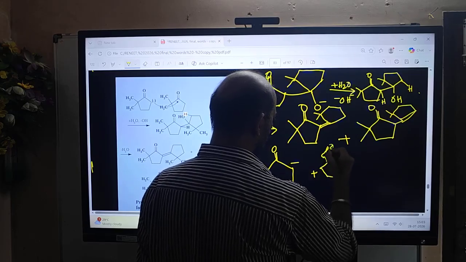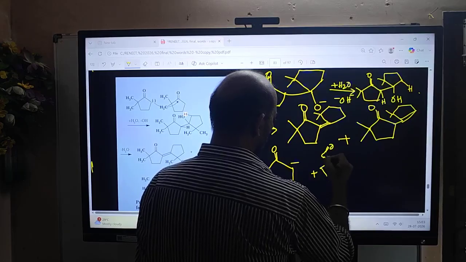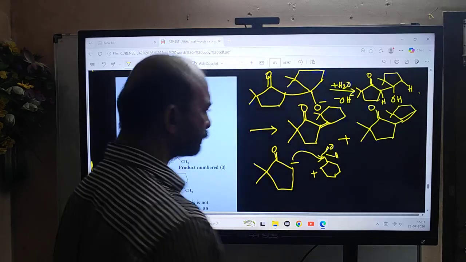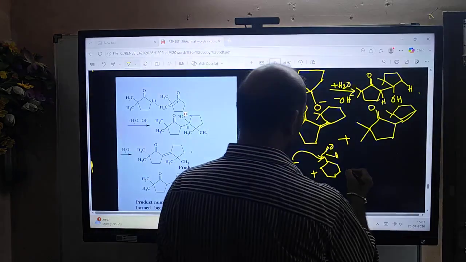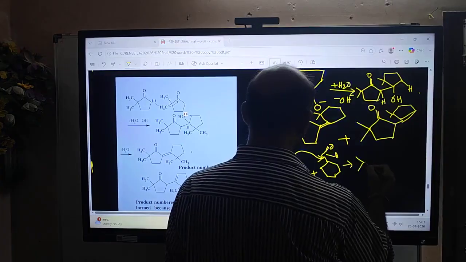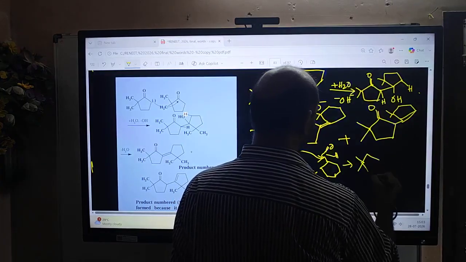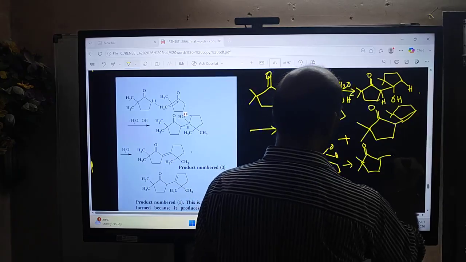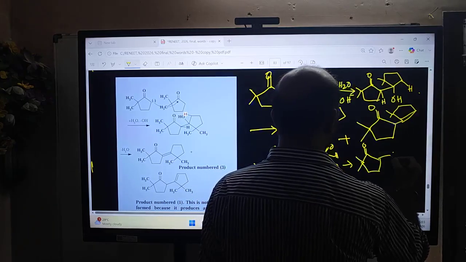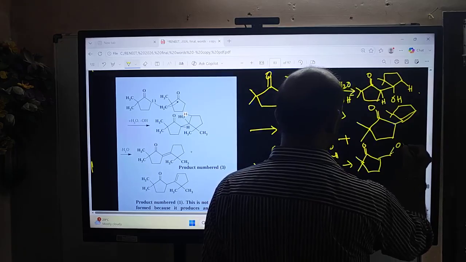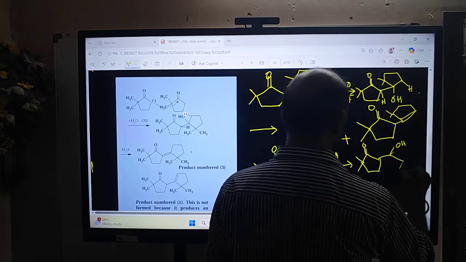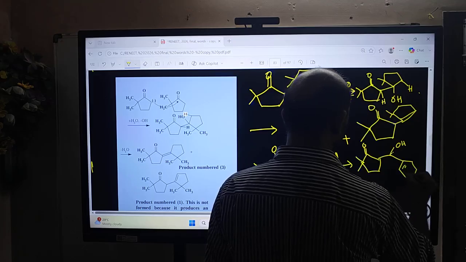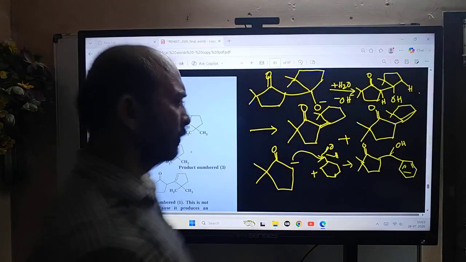C double bond O, H. It can attack this group. Then what immediately forms? This is the structure formed.